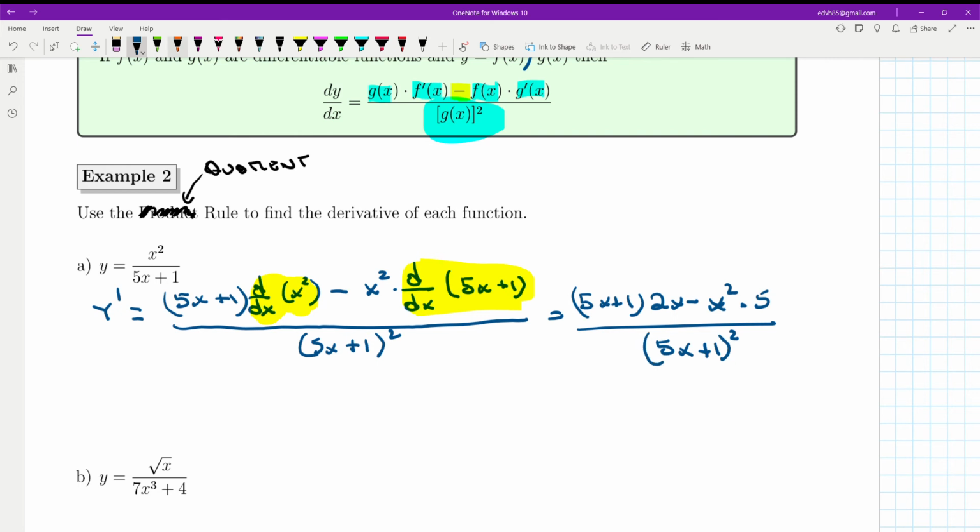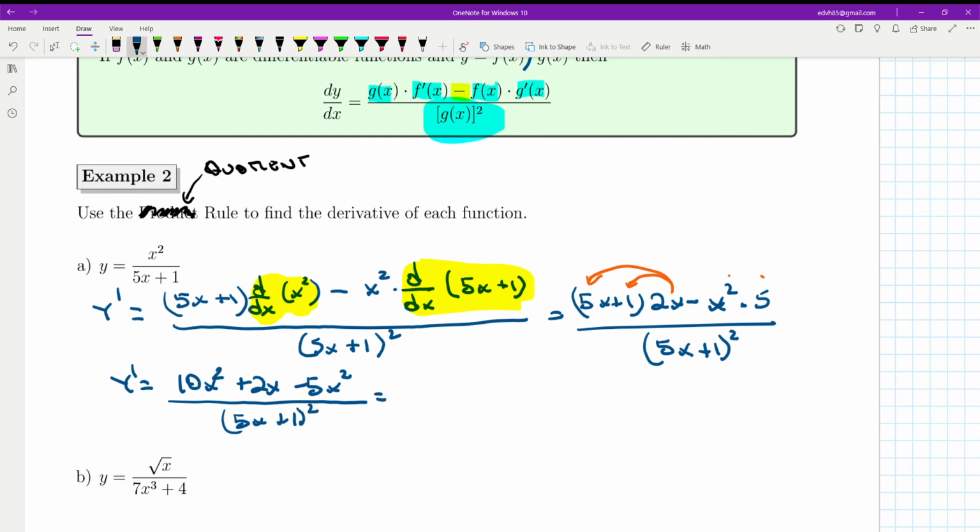So let's go ahead and do the following here. Of course, keep the denominator squared. So over here, we will distribute and multiply these two. So that'll be y prime equals 5x times 2x, which is 10x squared, plus 2x, minus 5x squared, divided by (5x plus 1) quantity squared.